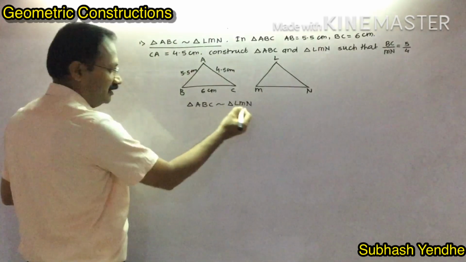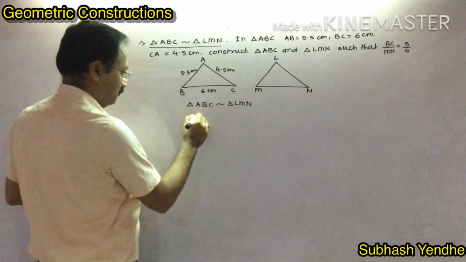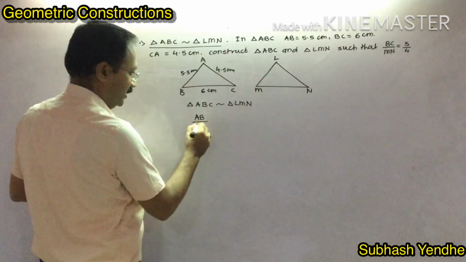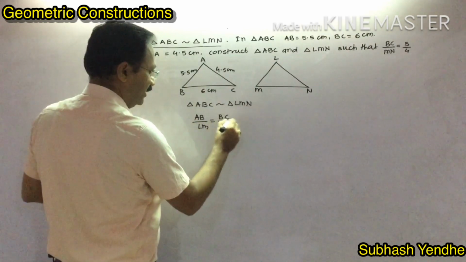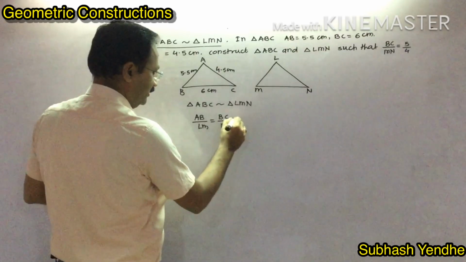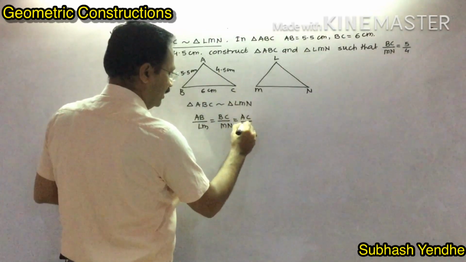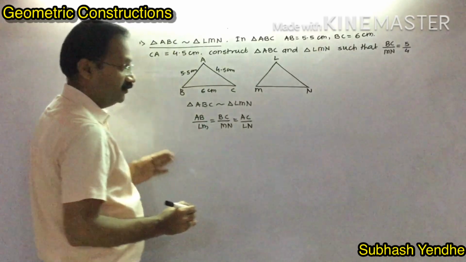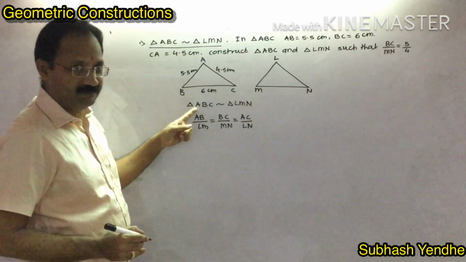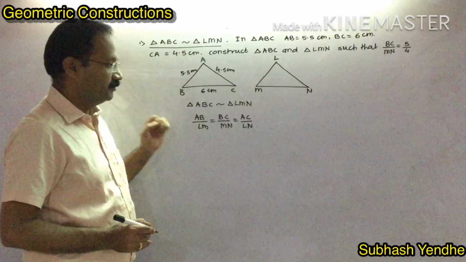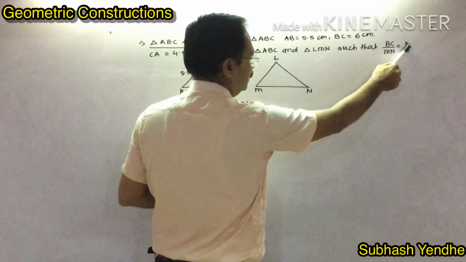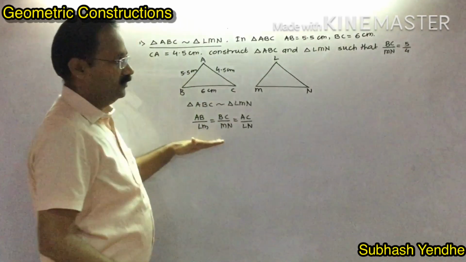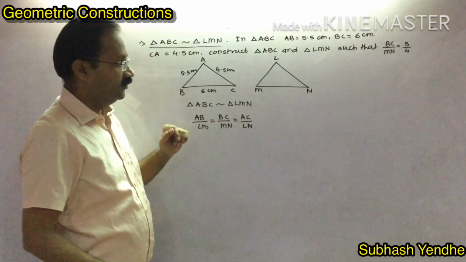If the triangles are similar, sides are in proportion. So AB upon LM equals BC upon MN equals AC upon LN. Now tell me, the proportion is given: BC upon MN is 5 upon 4.